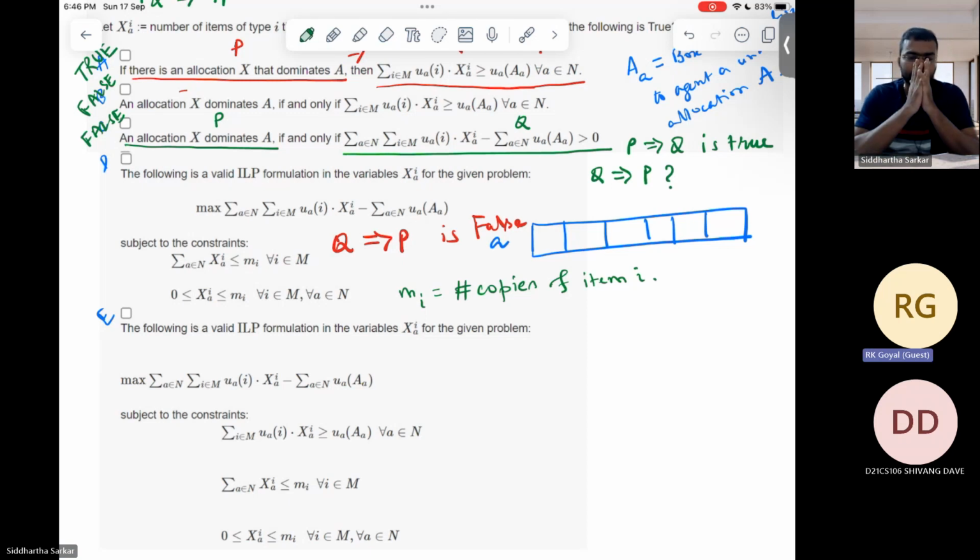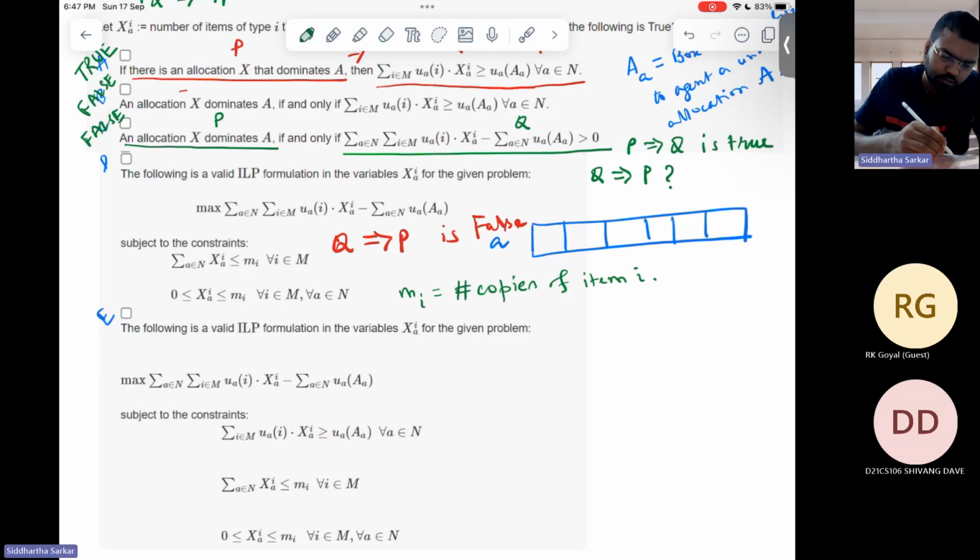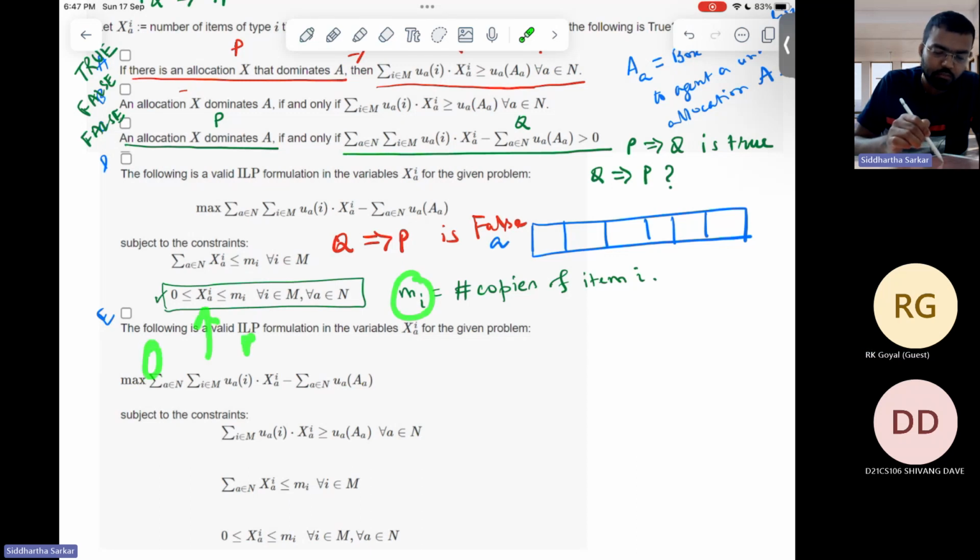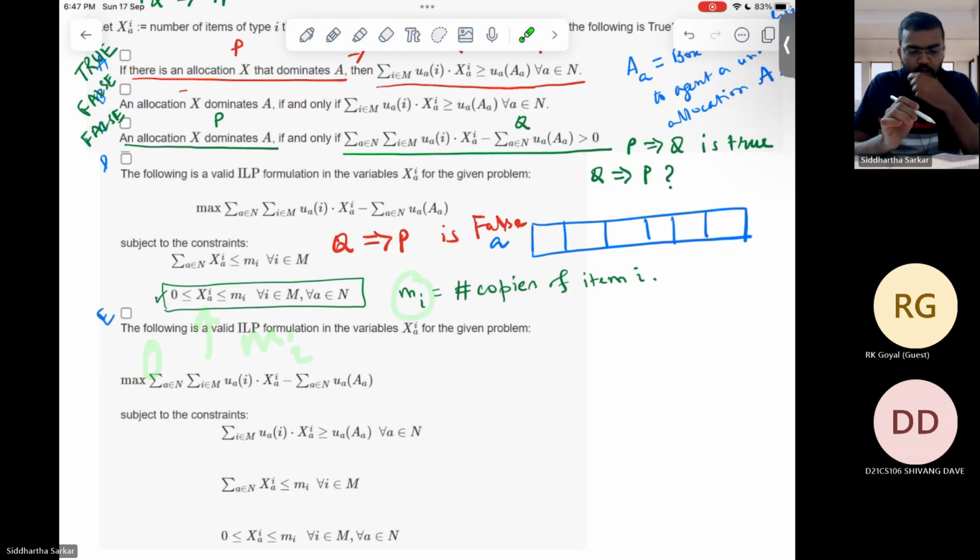So I'm talking about this one only. This one says that if there are m_i guitars, then any agent can get anything between 0 and m_i guitars. Then what would be the meaning of the first one?